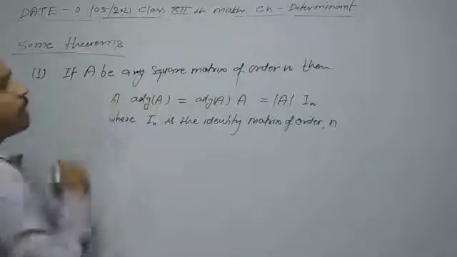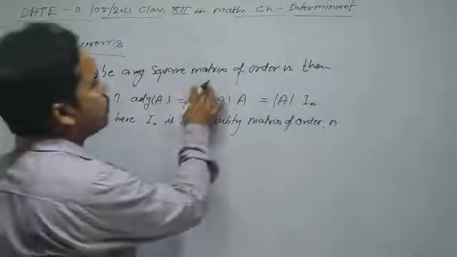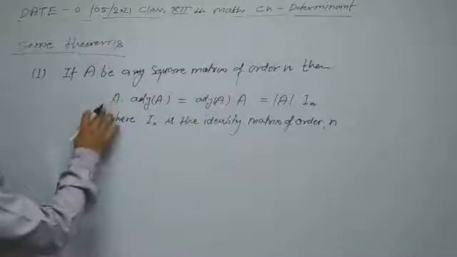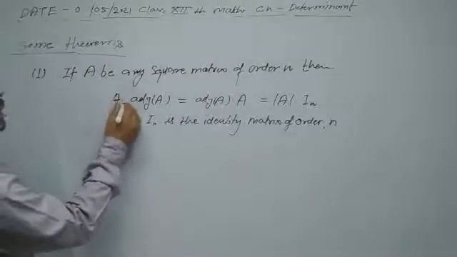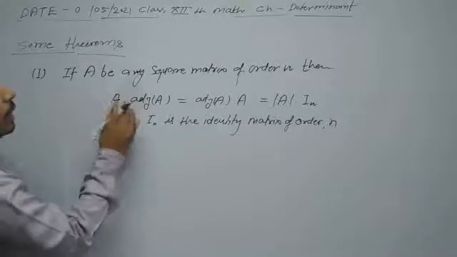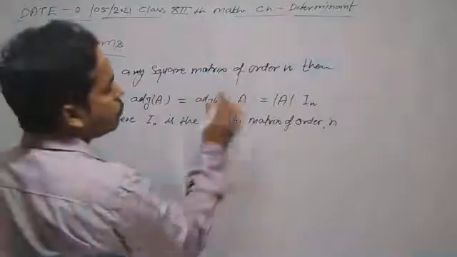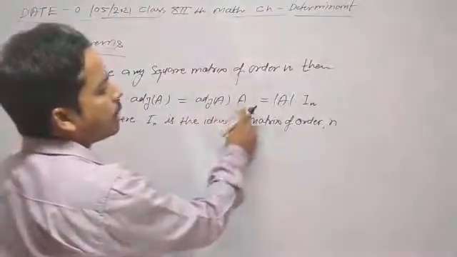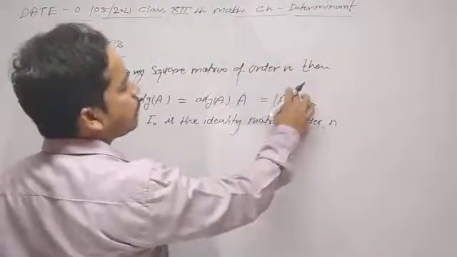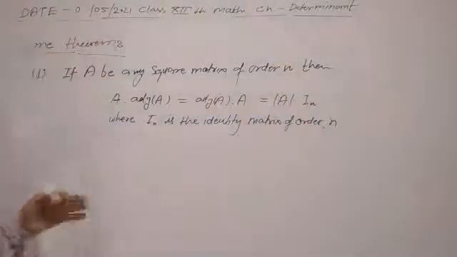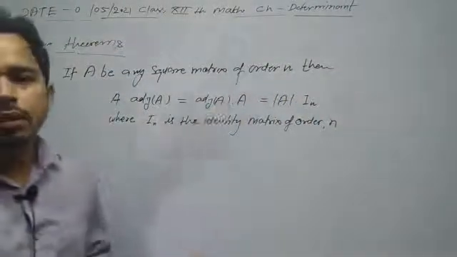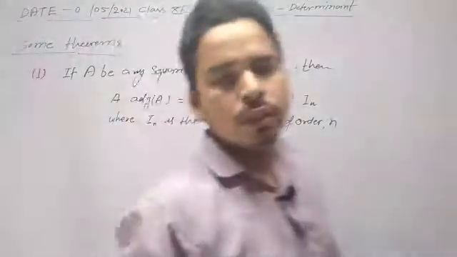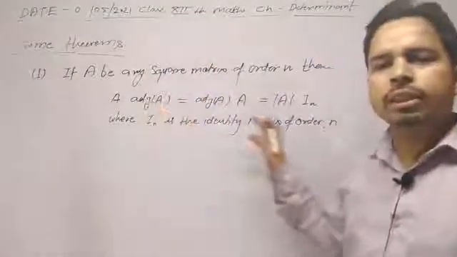If A is any square matrix of order n, then A times adjoint of A is equal to adjoint of A times A, which is equal to determinant of A times I to the power n, where I means the identity matrix of order n. We have to prove this statement with the help of an example.